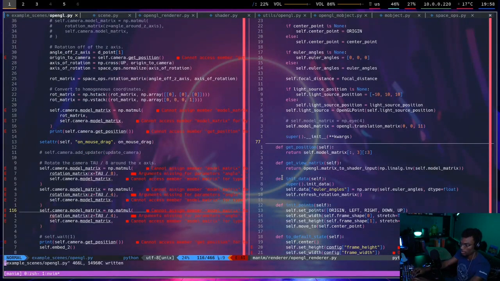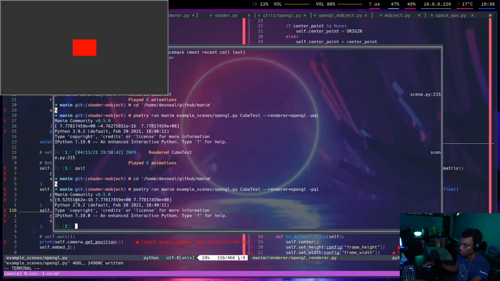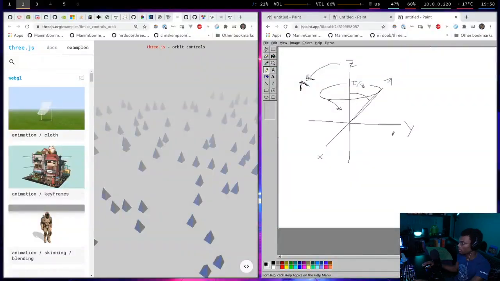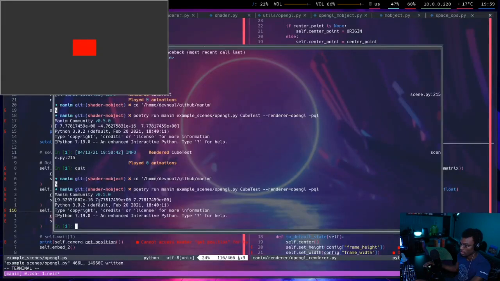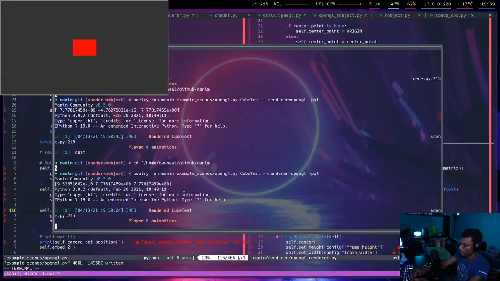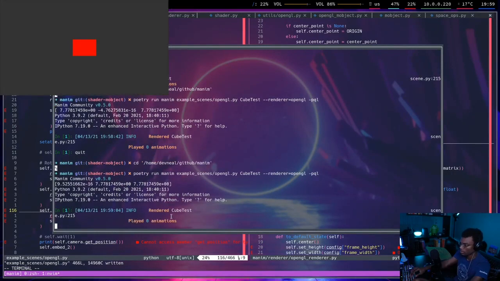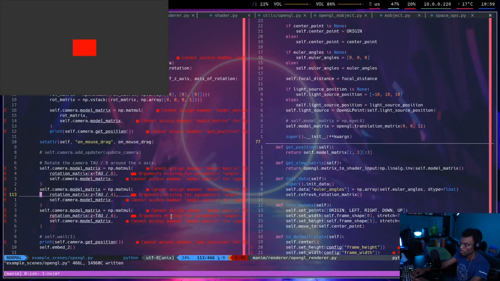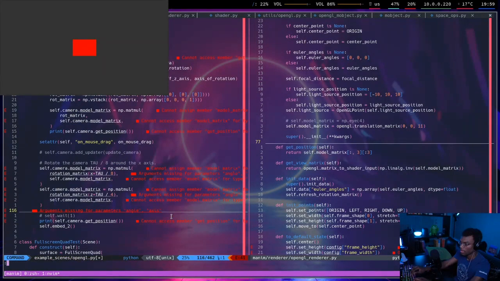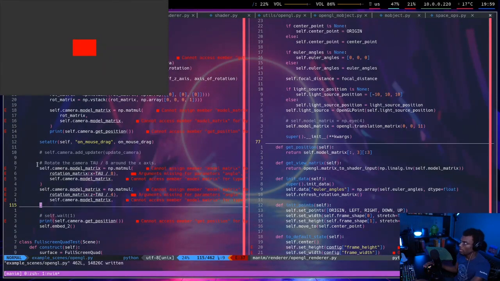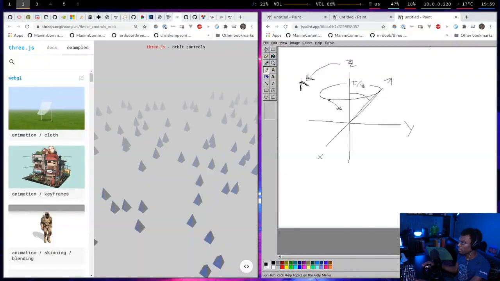Okay, now I just have to make sure this is doing what I expect. If I do it twice, it should be over here. X is 0. That makes sense. Y is positive, Z is also positive. Okay, I'm gonna try... The rotation around Z seems to be working here. Here's what I want to see. Rotation around the normal axis seems to fail after I rotate around the z-axis.